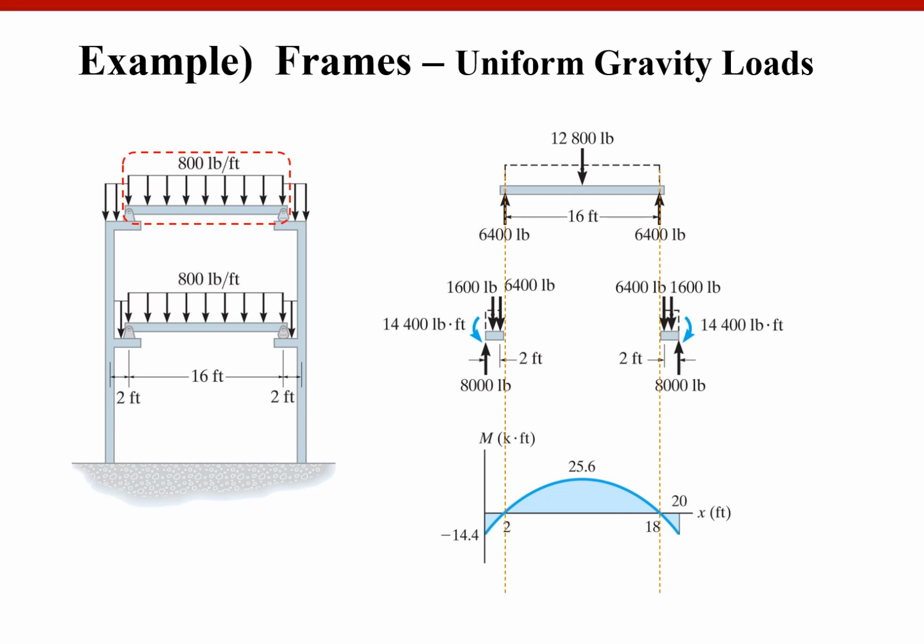Again, let's make sure that this is the bending moment diagram for the simple beam, and the simple beam bending moment diagram is pulled down by 14.4 in fixed end or rigid end connections because we have negative bending moment at the support location.